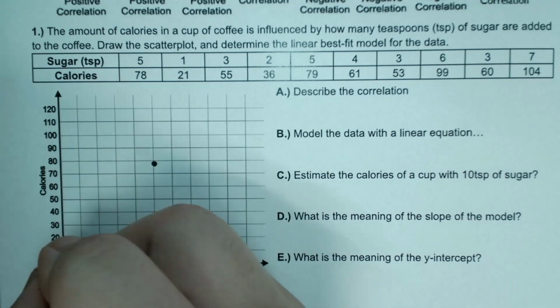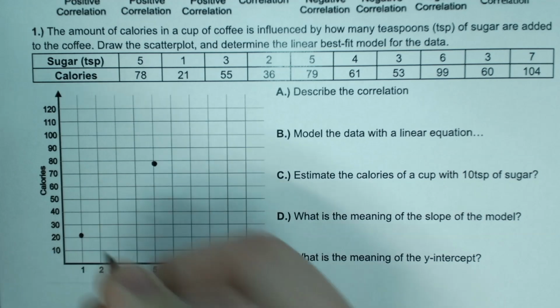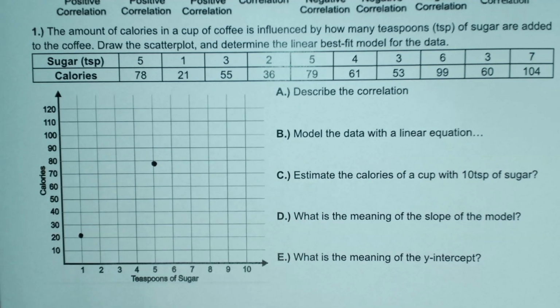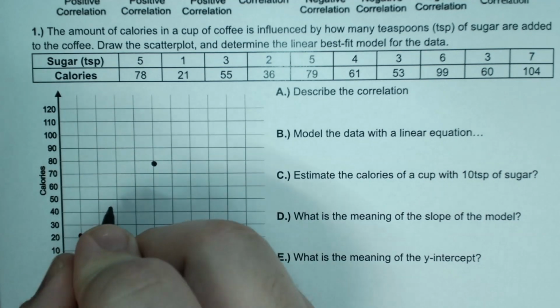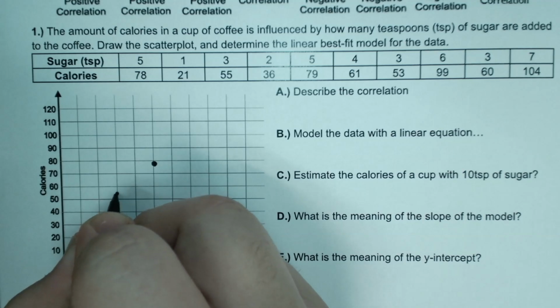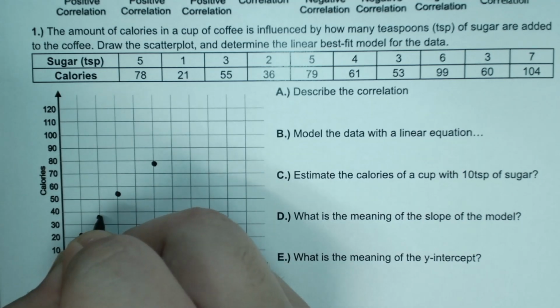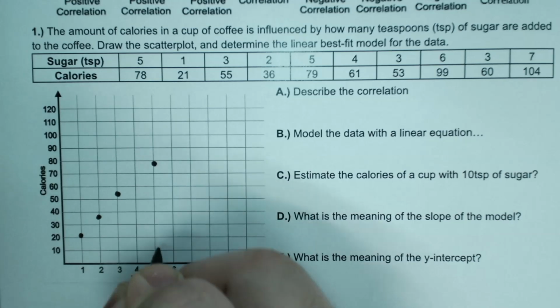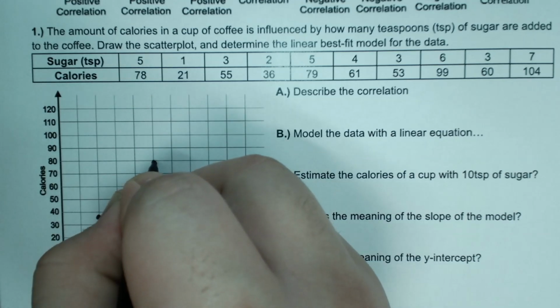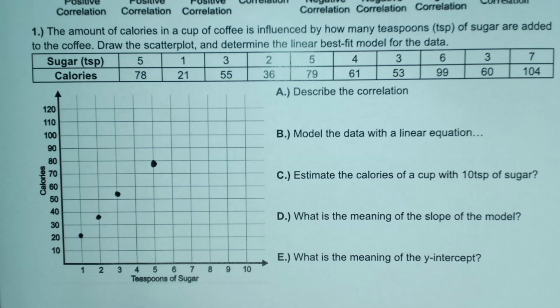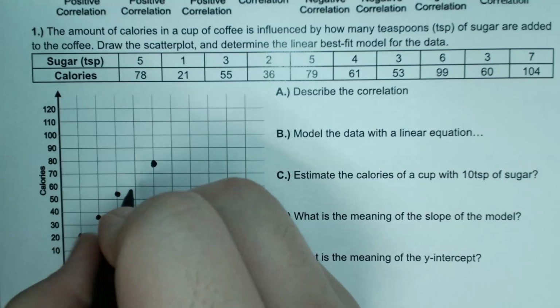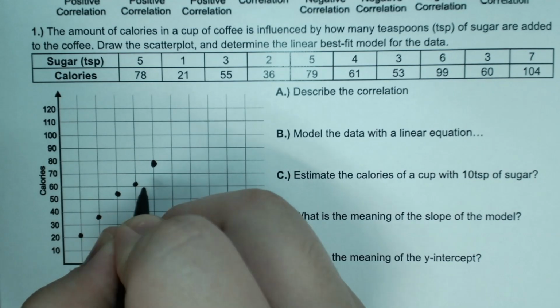1, 21 is right one and up just above the 20. 3, 55. 2, 36. 5, 79. 4, 61. And keep going.